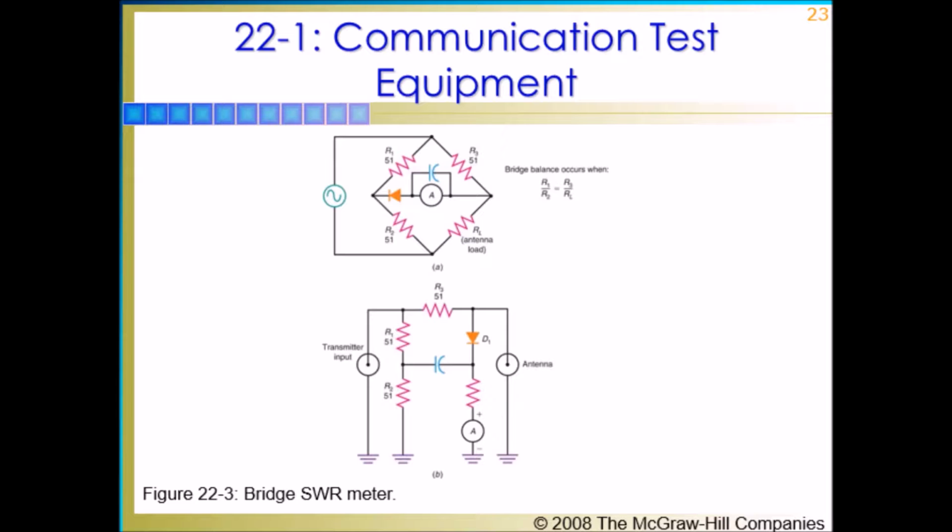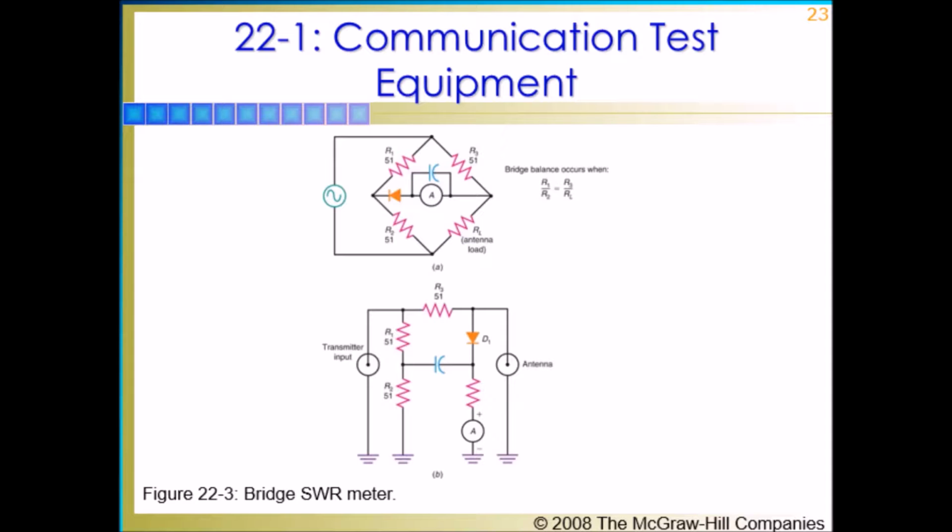The transmitter is the AC power, while Figure B shows the circuit rearranged so that the meter and one side of the bridge are grounded, thereby creating a better match to unbalanced coaxial transmission lines. The meter is a basic DC microammeter. Diode D1 rectifies the RF signal into a proportional direct current.